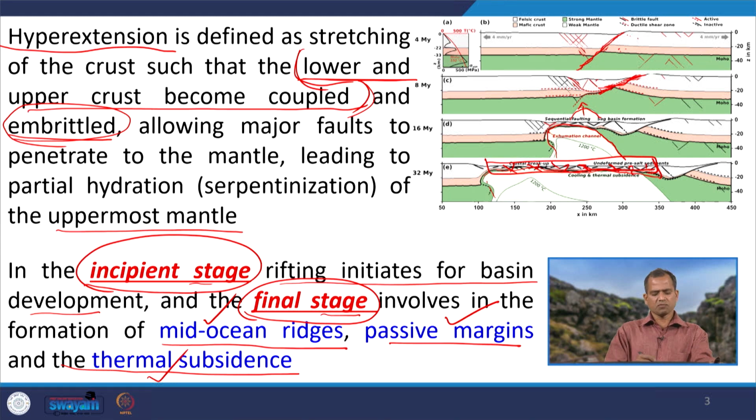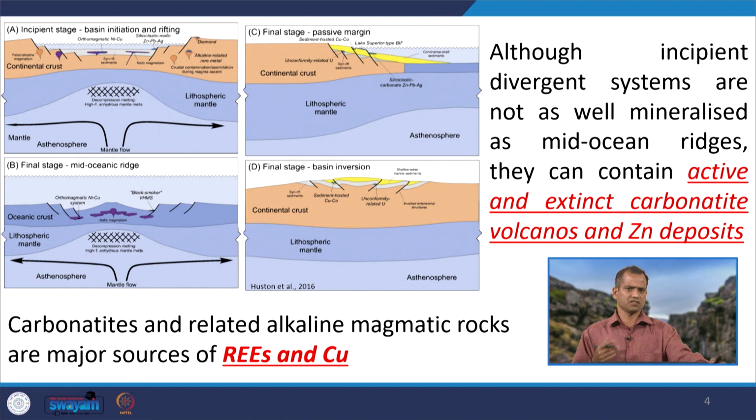So, starting from the incipient stage to the final stage, the different stages of the rift margin experience different types of mineralization. Although the incipient divergent systems are not well mineralized, mid-oceanic ridges can contain active and extinct carbonatite volcanoes of zinc deposits.